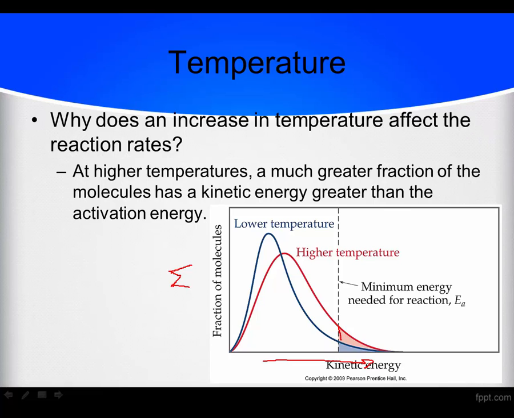This line that they've got drawn right there is what's called the activation energy, or the energy of activation, which is why they abbreviate it EA. The activation energy is the amount of energy that's needed for a reaction to actually occur.